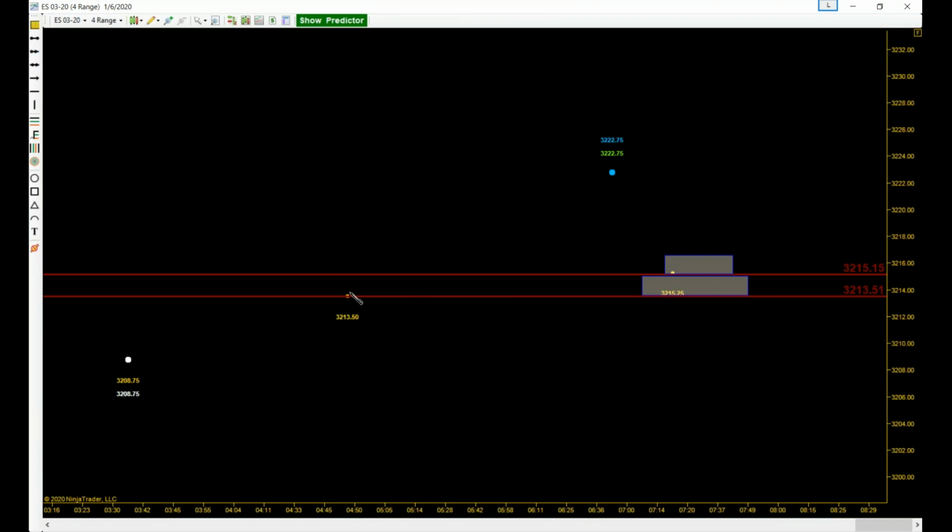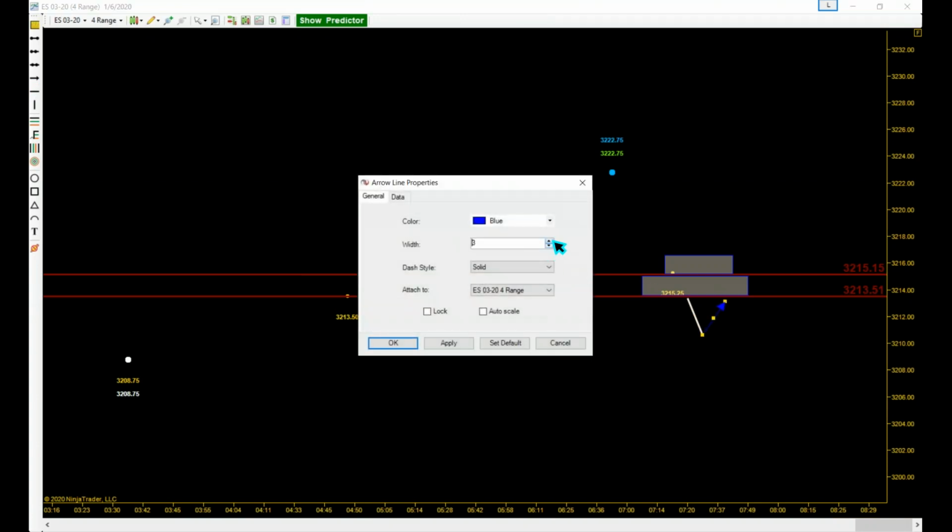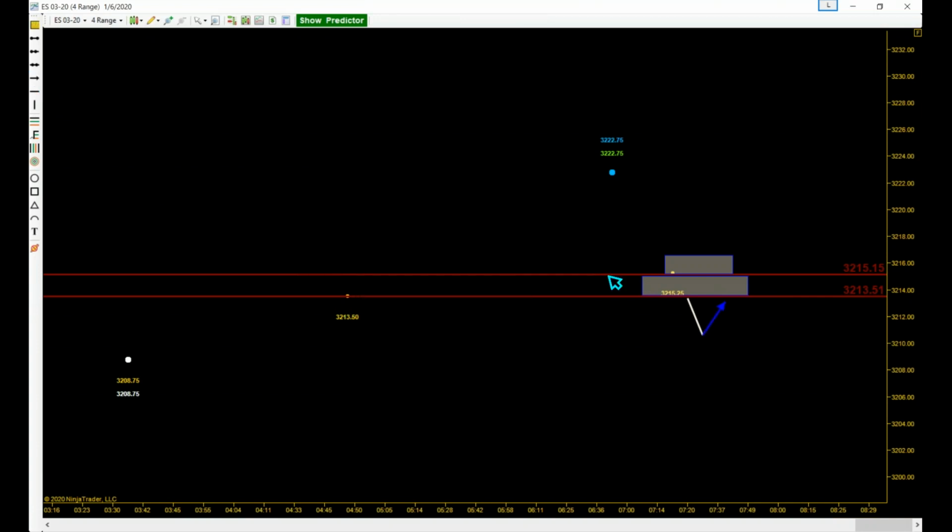And if they broke down, I'd be looking for a trade to break below that line, come back and kiss it, something like that, and then roll over, wouldn't you? That's the way to trade this, because we know that right now, with what we see on this chart, it is still an uptrend. But if it was to change, we could go the other direction too, right?